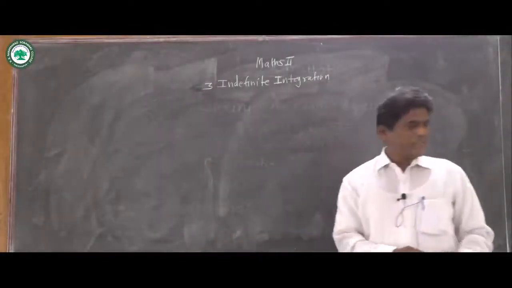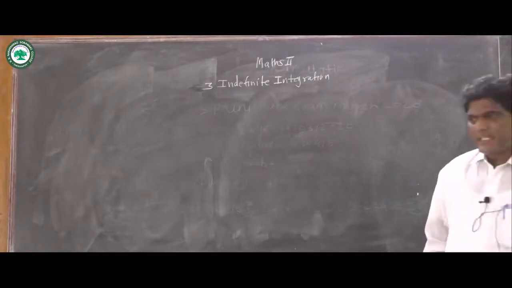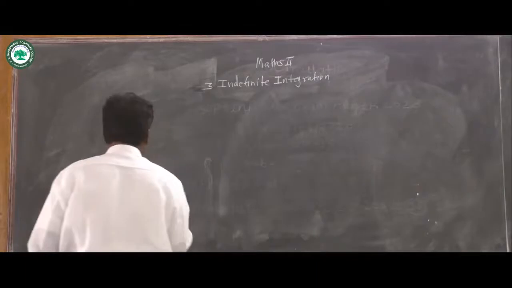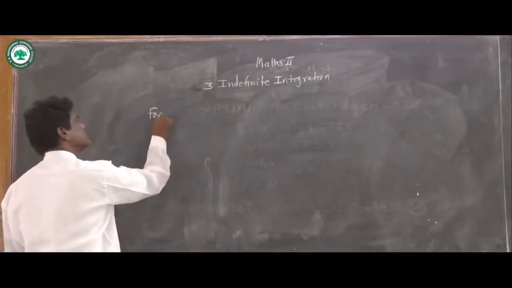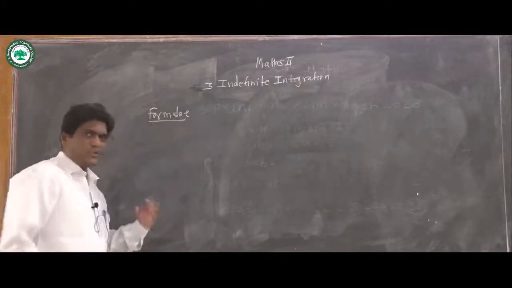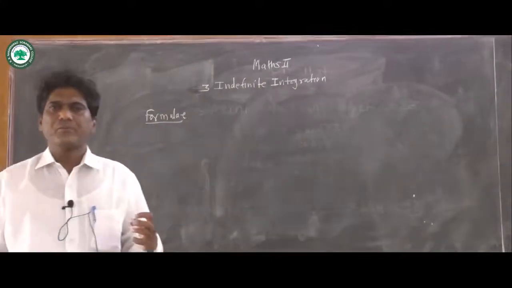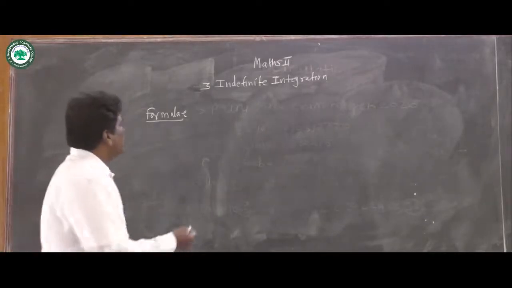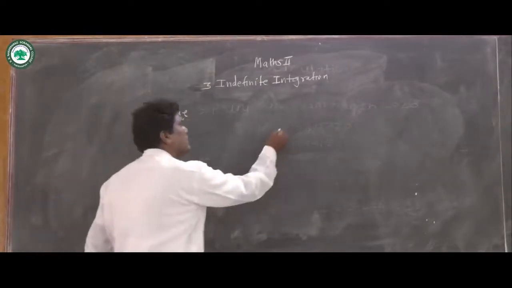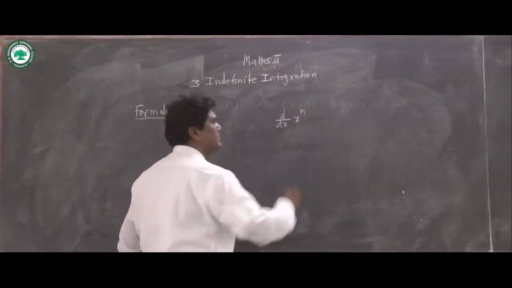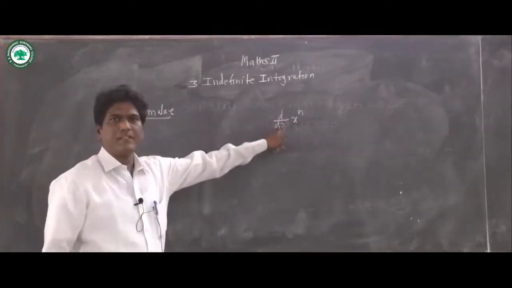Now we see the elementary integration formulae. If we know the formula of derivative, we write the formula of integration. We know d by dx of x to the power n. What is the derivative of x to the power n?